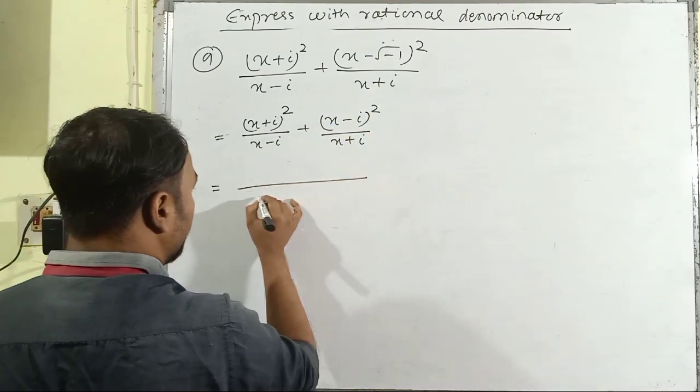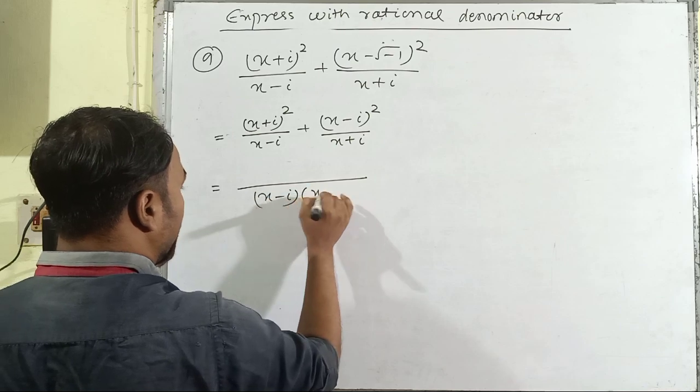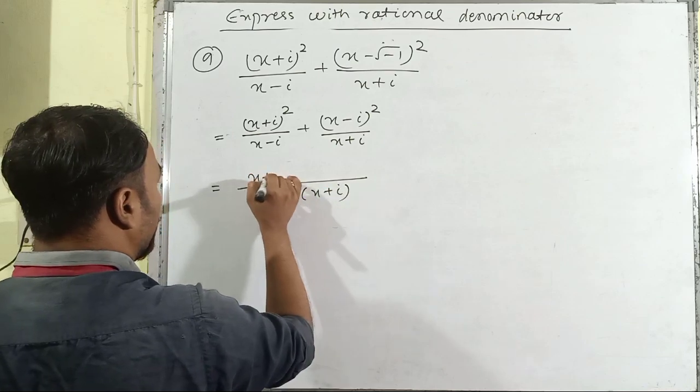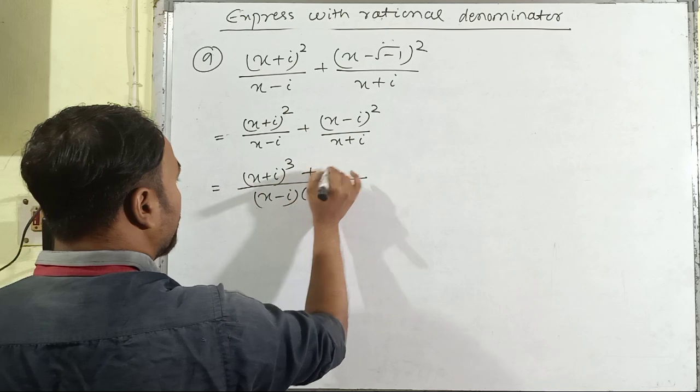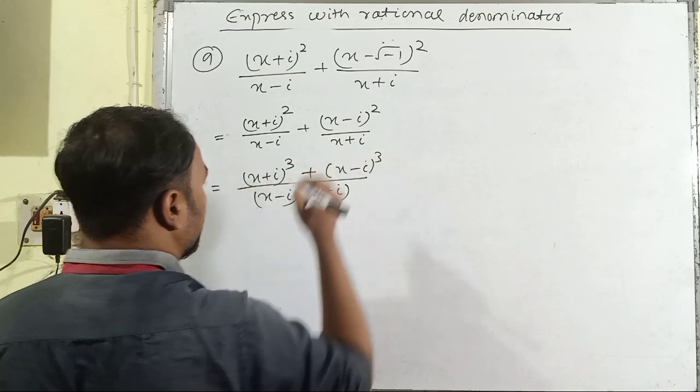Again, just taking the LCM here, it is x minus i multiplied with x plus i. It is whole cube of x plus i plus whole cube of x minus i.